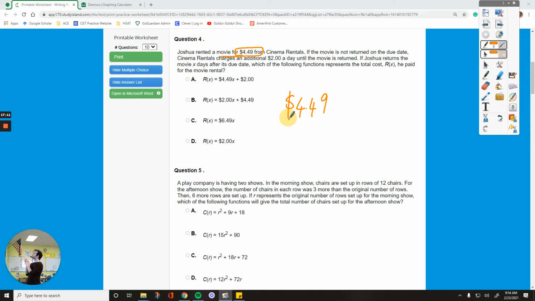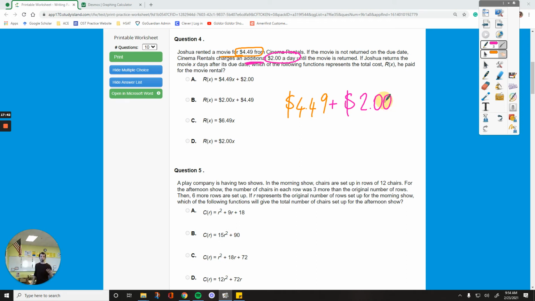Let's see. If the movie is not returned on the due date, they charge an additional $2 a day. Now, if you see this expression, they charge like $1 per day, $5 a day, that tells you to multiply. Okay, so this is an additional, that tells you to add because he already paid $4.49, and then he's gonna pay $2 for every day he's late, right?